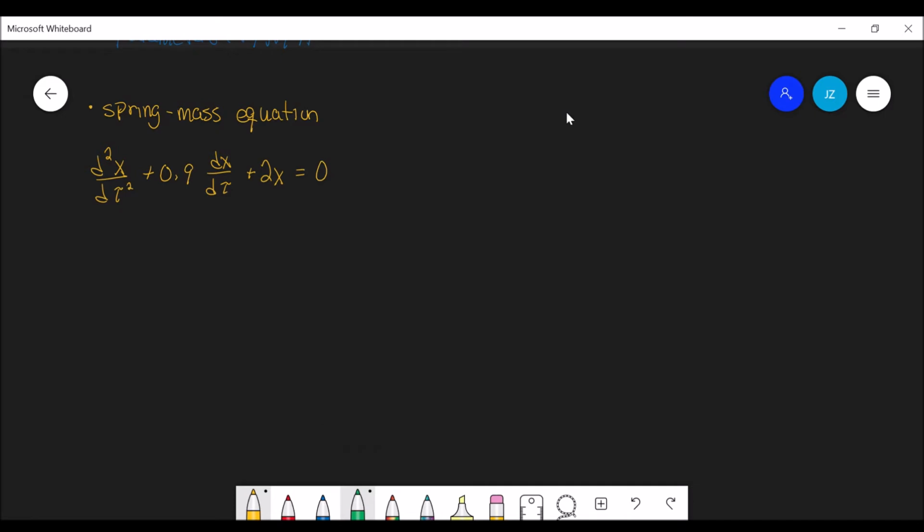Now this equation is second order. The unknown function is x. The independent variable is tau. And there are no parameters.